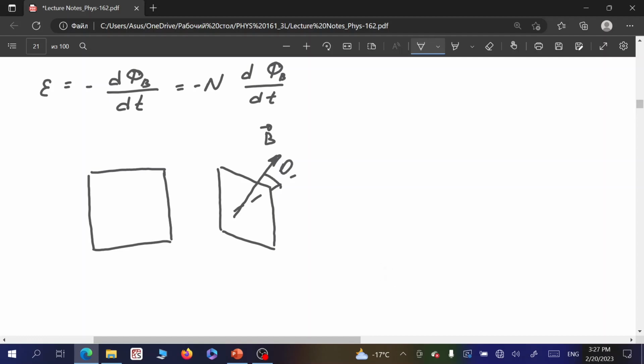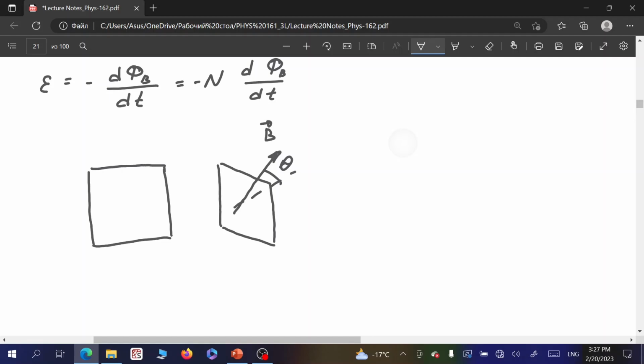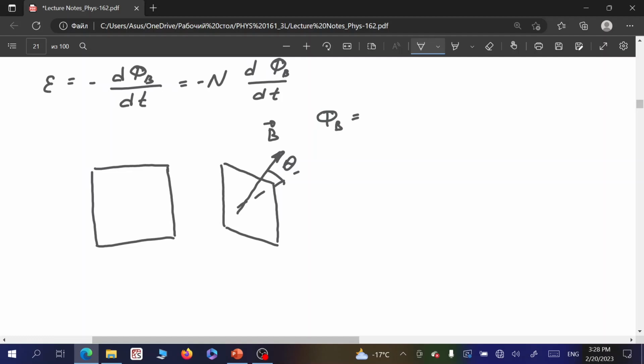Here we have some angle theta. The flux through such an area will be given as follows, if we operate with magnitudes: the magnitude of the magnetic field times the magnitude of the area times cosine theta, the angle between the normal to the area of this wire loop and the magnetic field vector.